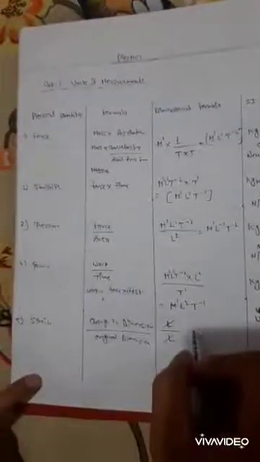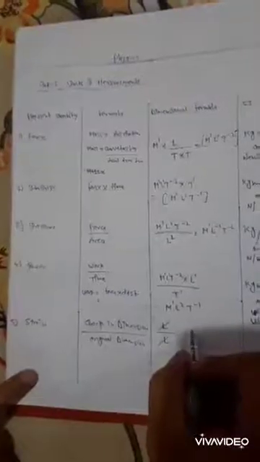So we know change in dimension means length, and original dimension also means length. So they both cancel out each other. So strain doesn't have any dimension formula, and it doesn't have any SI unit. So strain has no units.